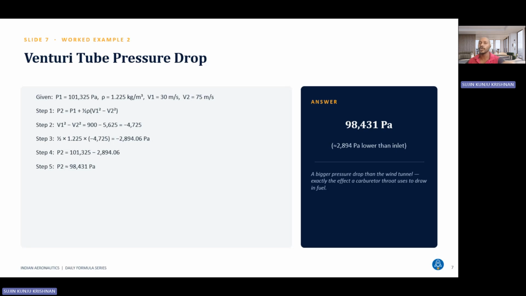That's a noticeably bigger pressure drop than the wind tunnel example, because the velocity change was bigger. This pressure drop is exactly what a carburetor uses to draw fuel into the airstream, and what old mechanical airspeed indicators measured to infer speed.